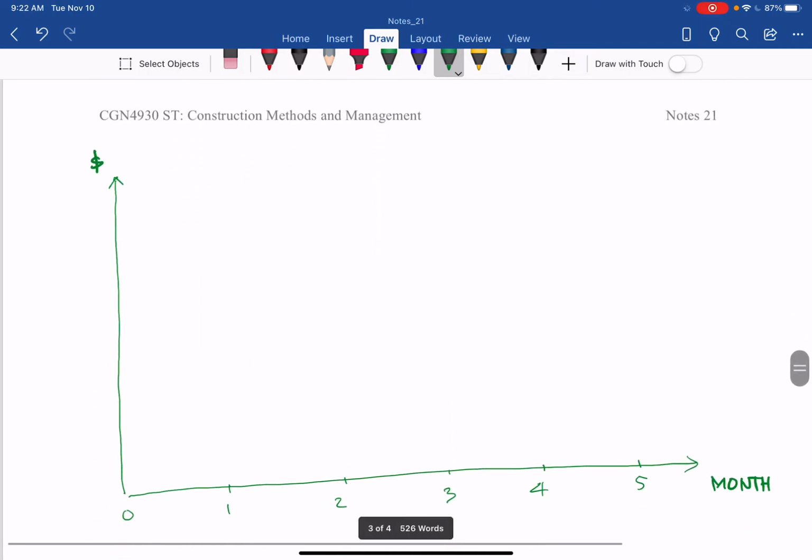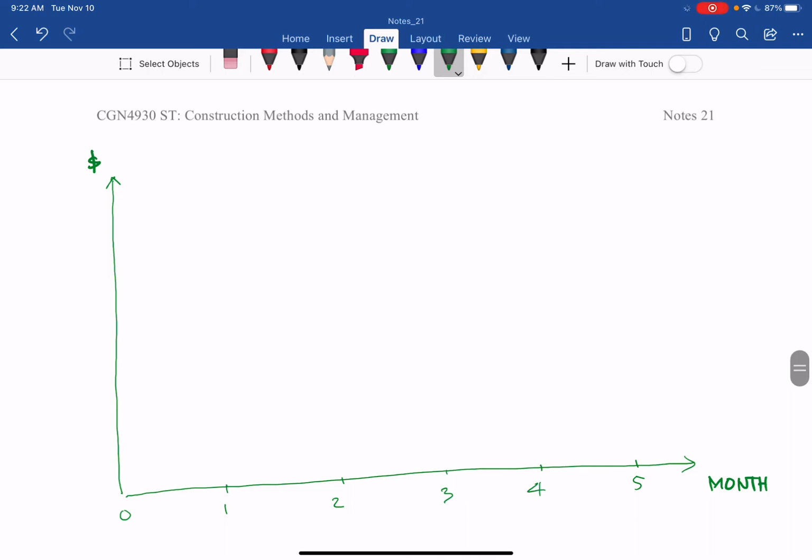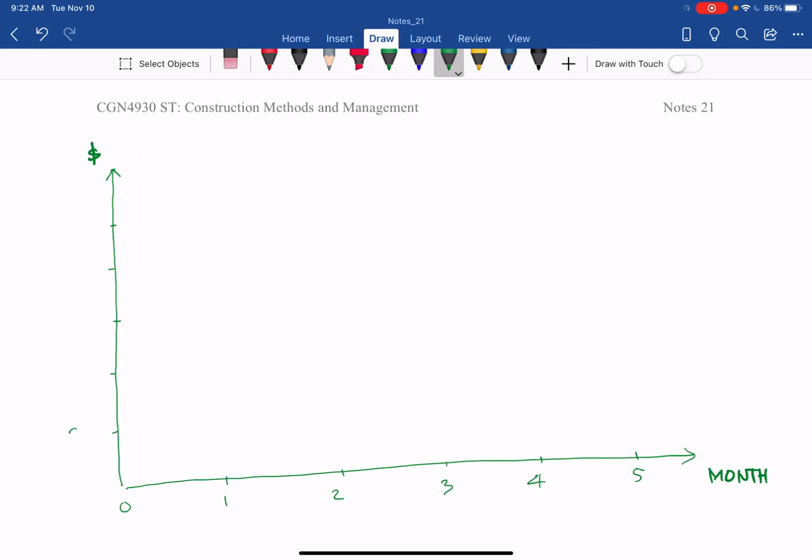So we can scale that by 50 each, so it will be 50,000, 100,000, 150,000, 200,000, and then 250,000.